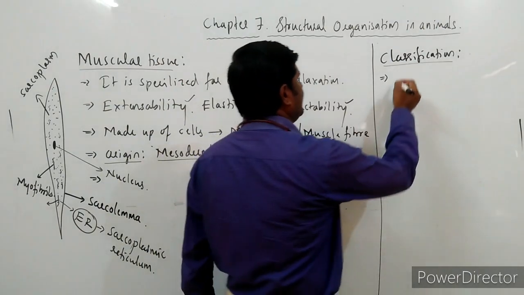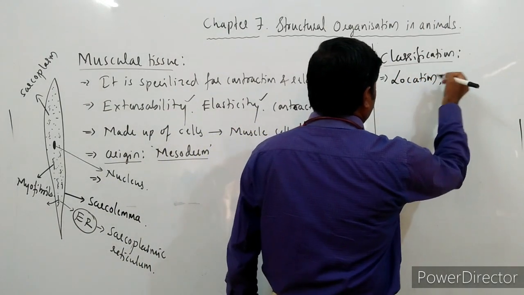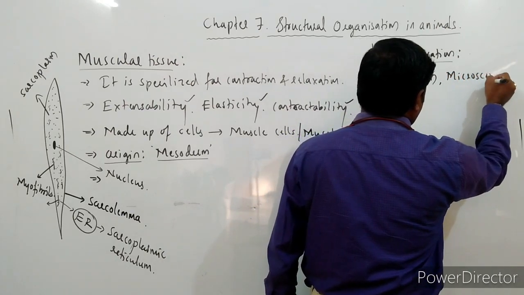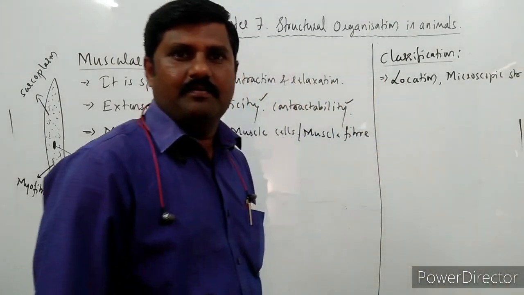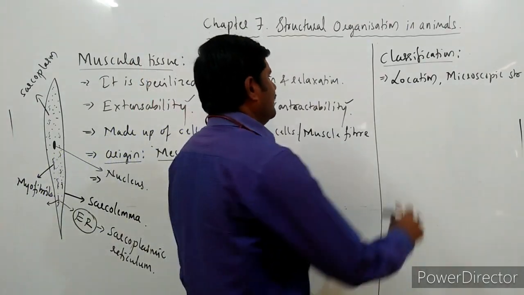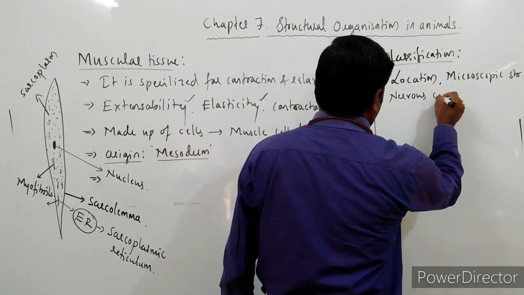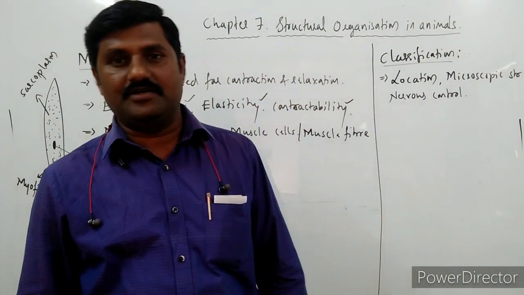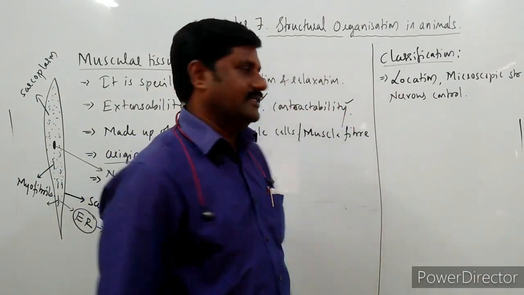Very important one is location. Based on the microscopic structure, right? And nervous control, right? Based on the nervous control, they have been classified into three types of muscles.